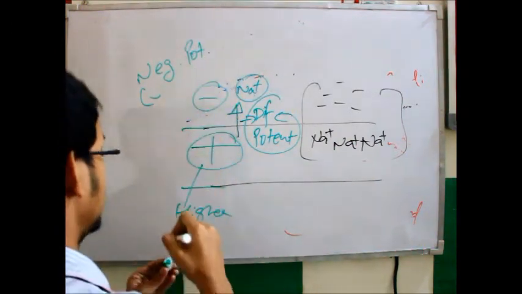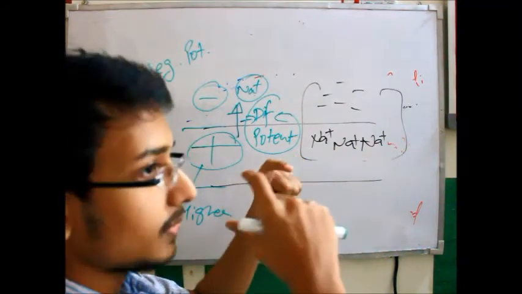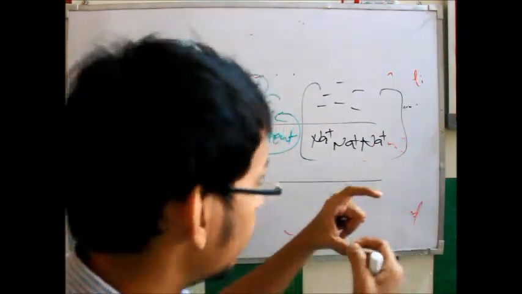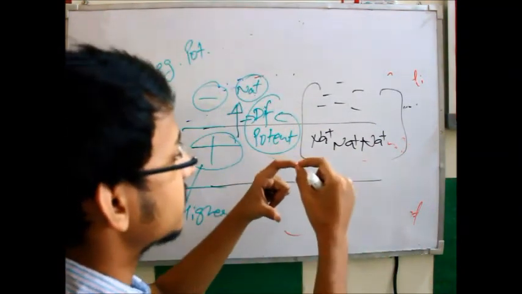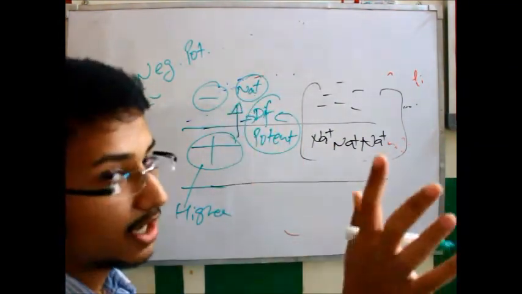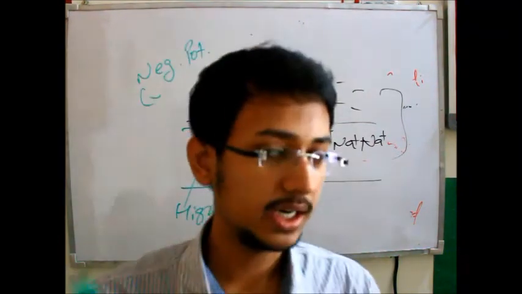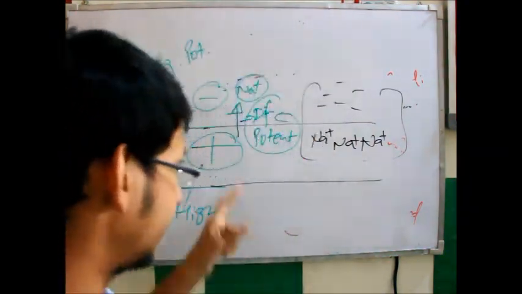You can assume it as a battery which maintains a certain voltage which prevents the positive charges from coming in. As you can see, the negative charges can't move, and the positive charges, as we said, negative charges are relatively more stable than the positive ions.